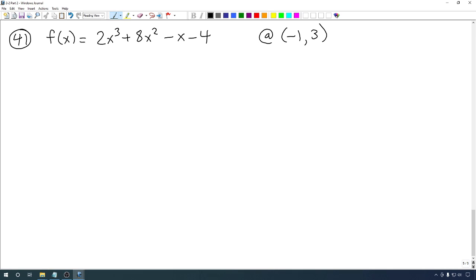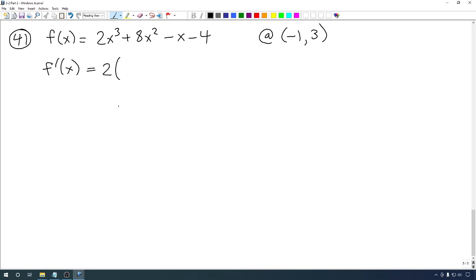So the first thing we do is differentiate. So derivative of f, we get to differentiate each term separately. We start with the 2x cubed. Where we get to take 2 times the derivative of x cubed. I'm not going to write out the d dx every time.